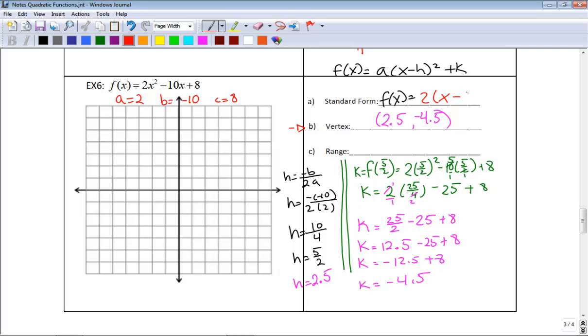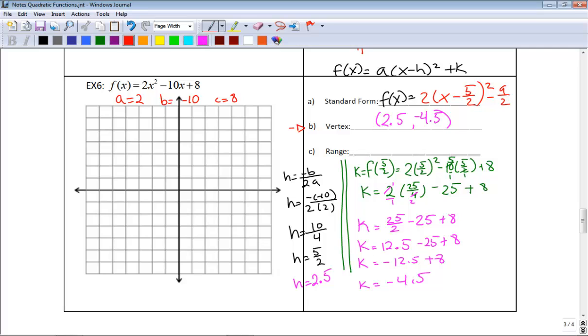H is 2.5, and I'm okay if you write 2.5 or if you write 5 over 2, whichever you feel more comfortable with, squared plus, well, plus a negative is the same as minus, so we can say minus 4.5, which is really 9 over 2, so it just depends on what you prefer. I'd be fine if you had 2.5 instead of 5 over 2, and negative 4.5 instead of negative 9 halves. Whatever you feel most comfortable with.